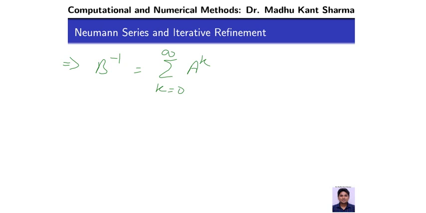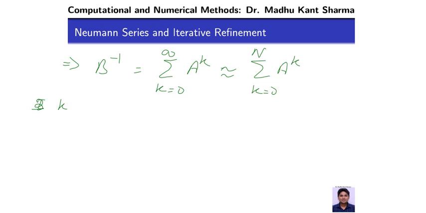It is rather easy, computationally less costly than finding the inverse. So the sum is k equals 0 to capital N of A to the power k, where N is as large as possible.